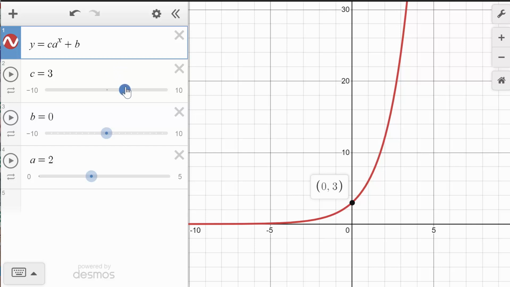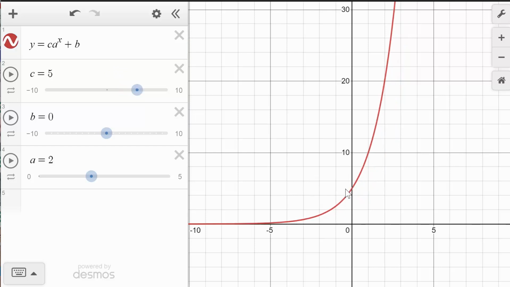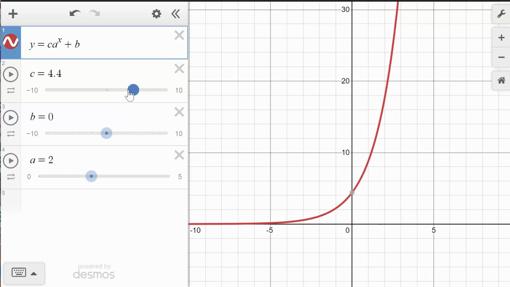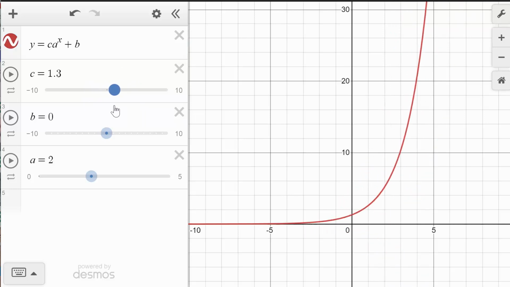And what do you think is going to happen if I make c 5? Now it is 5 units above the asymptote. We could make c a negative number, and guess what happens? If it's a negative number, it reflects in the x-axis.